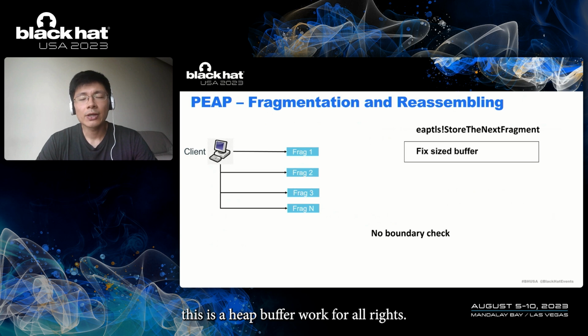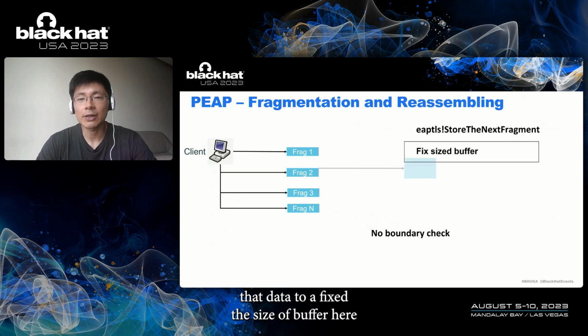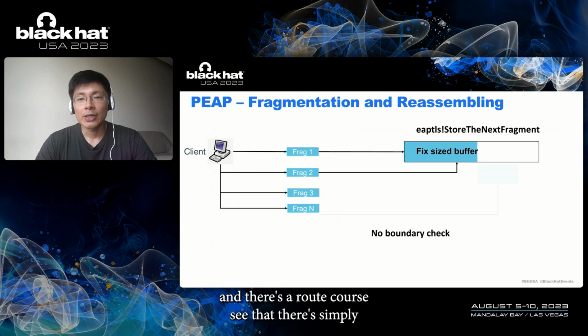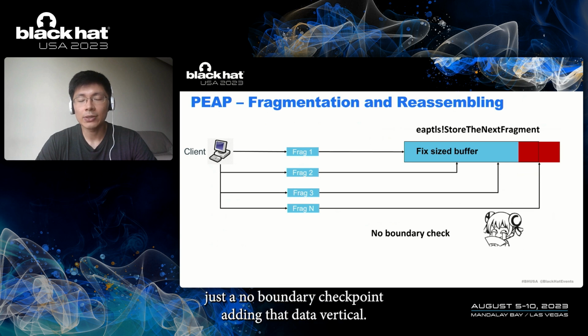This is a heap buffer overflow write bug in the PEAP fragmentation feature. PEAP supports packet fragmentation. Each time a new fragment packet comes, the function that stores the next fragment will append the packet data to a fixed-size buffer here. And the root cause is that there's simply no boundary check when appending the data.